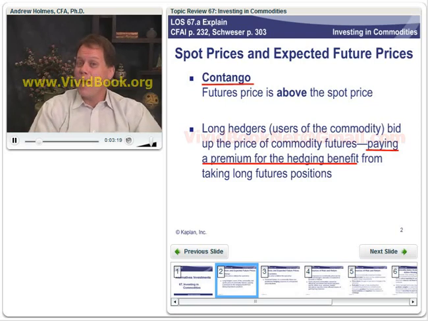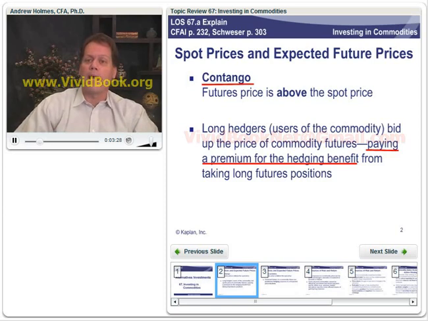If there are no hedgers there to naturally take those positions, then you're going to have to attract in speculators, and to do that, you're likely to have to bid up the price. You're going to be willing to buy at a higher price. So contango is going to be a characteristic of a market where the long hedgers, the people on the long side of the contracts, are the dominant force.